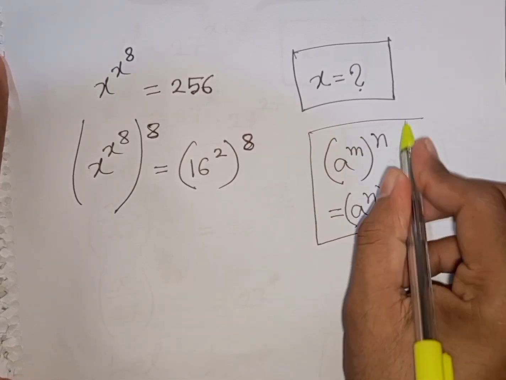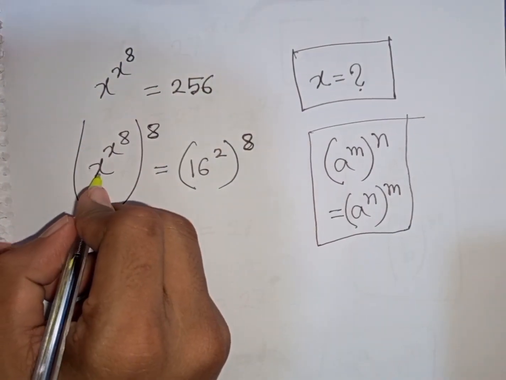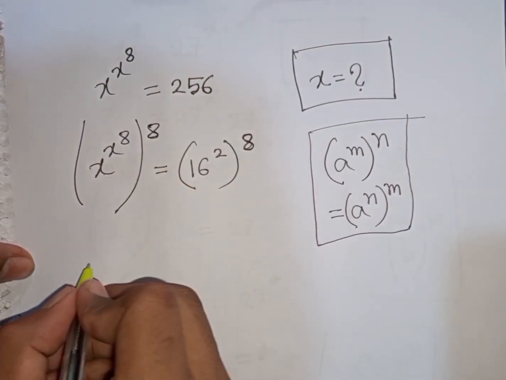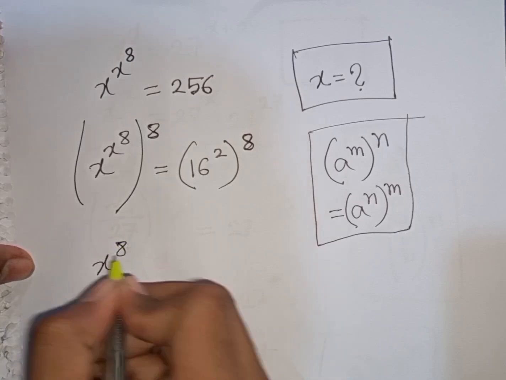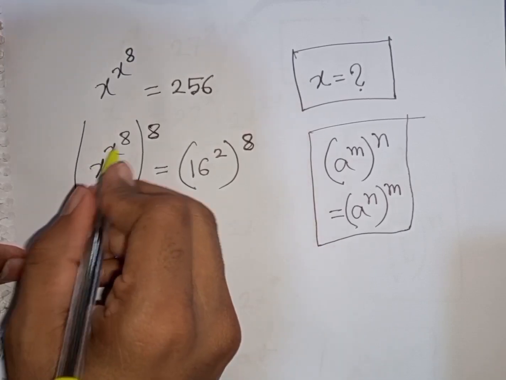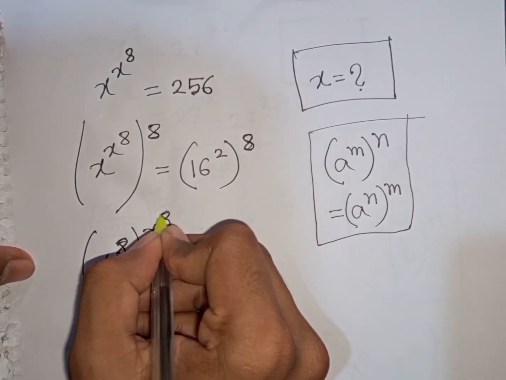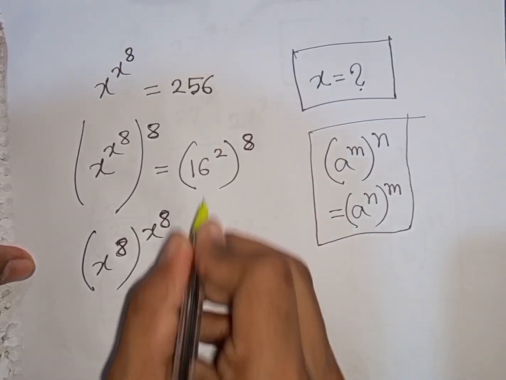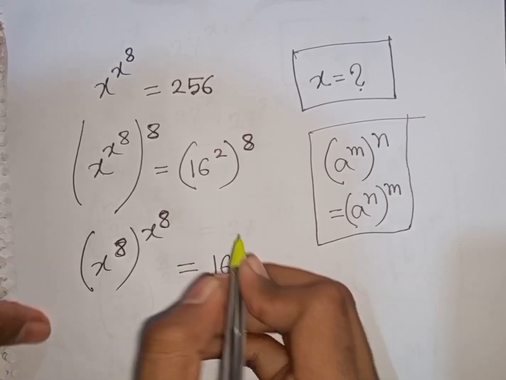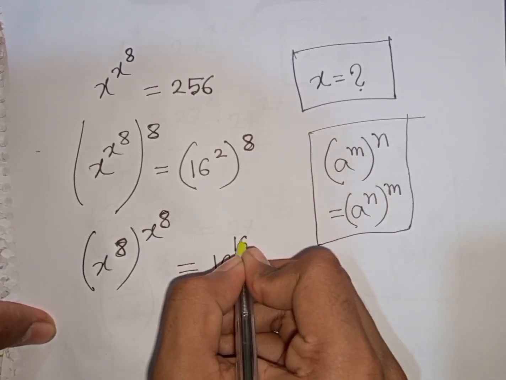So according to this rule I can compare here. It will be (x^8)^(x^8) is equal to 16^(2 times 8), that means it will be 16^16.